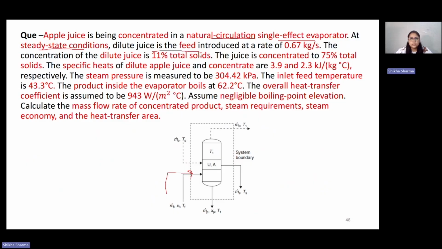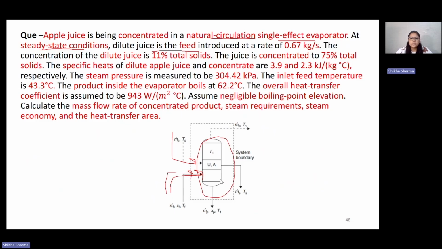Basically, this apple juice is given in this evaporator to concentrate. So on one side the dilute apple juice will come, and on this side the steam will come into this evaporator system.